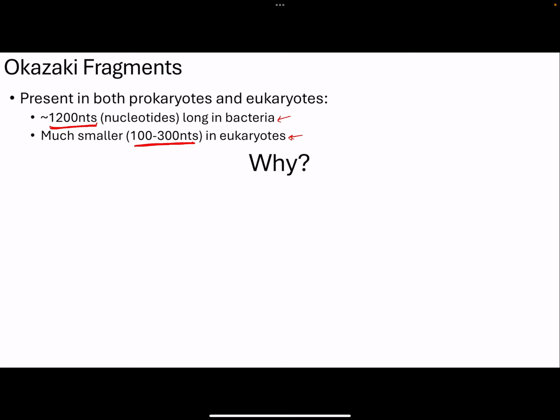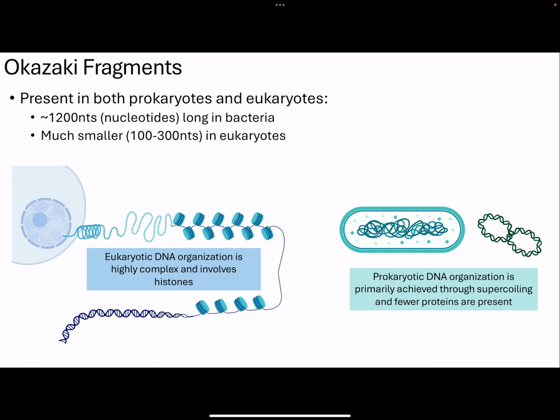If you chose the answer nucleosomes, you would be correct. So the spacing of histones, or the nucleosomes, is going to have a direct impact on the size of the Okazaki fragments. In prokaryotic cells, which is shown here, the primary way that DNA is organized and compressed into the nucleoid region is through supercoiling.